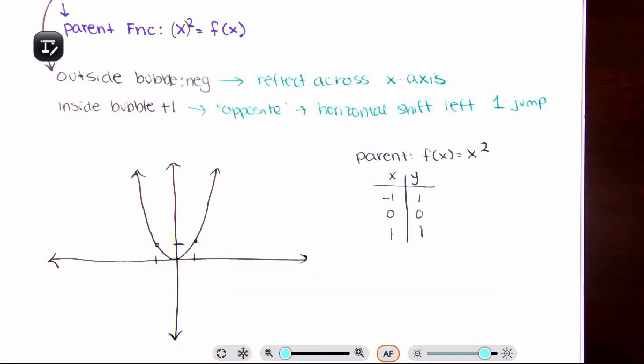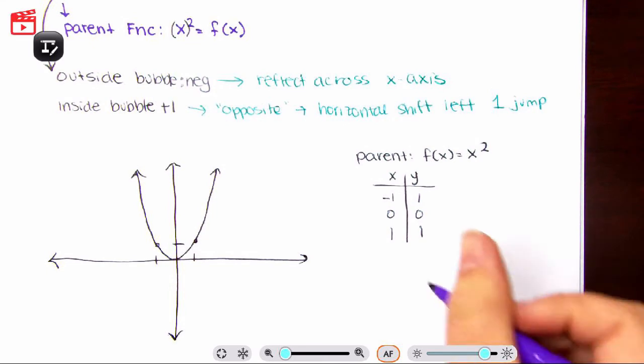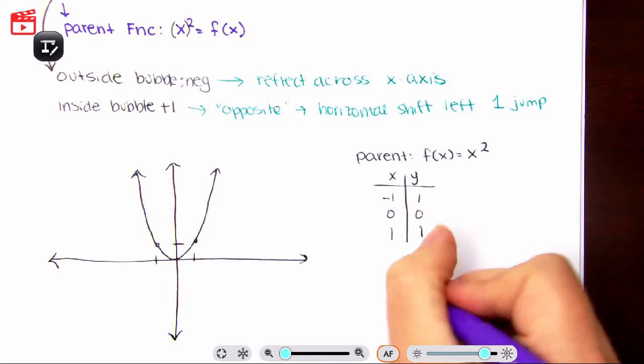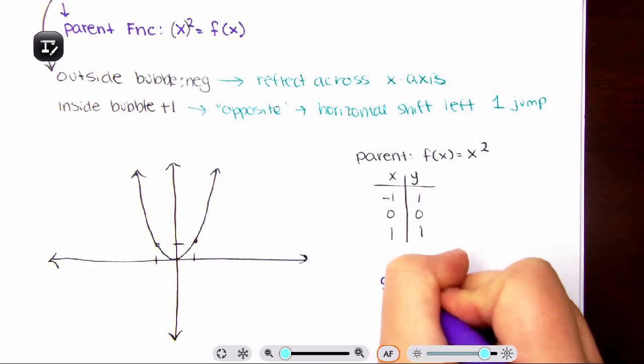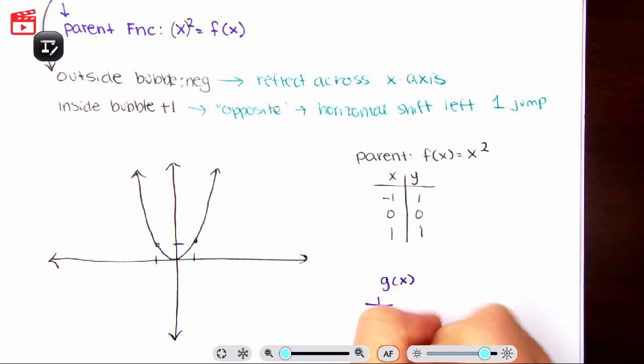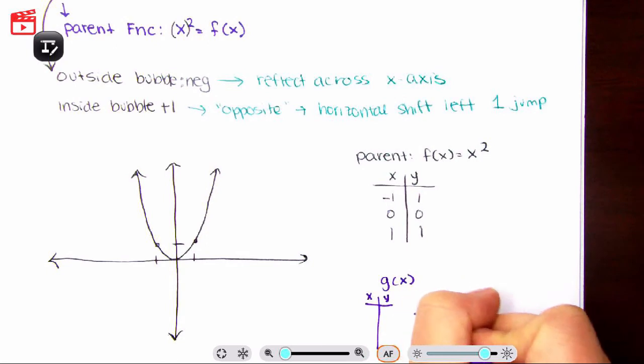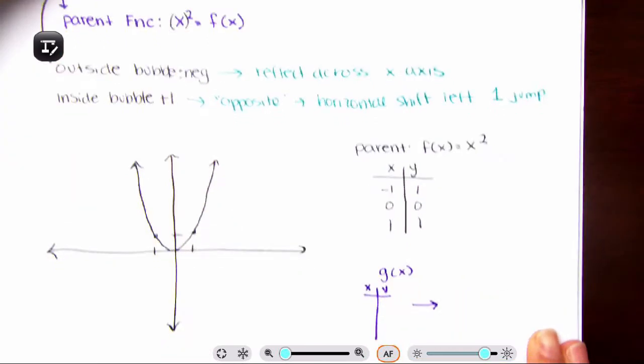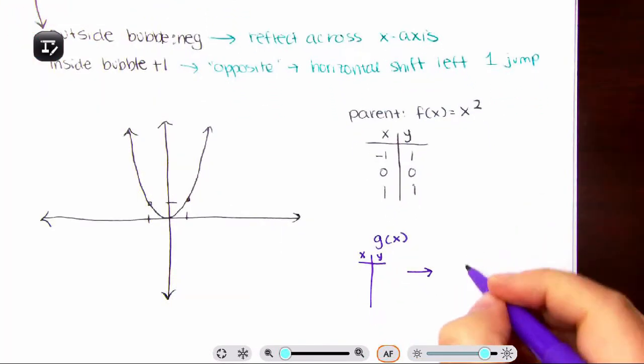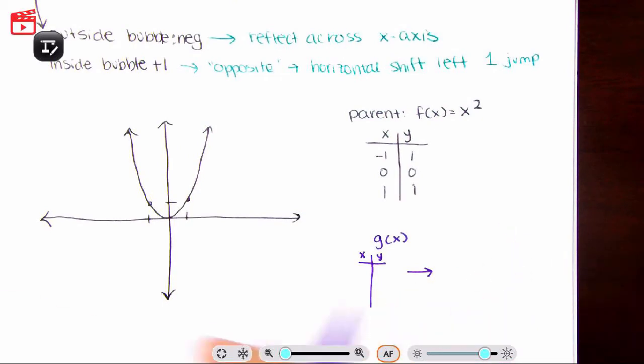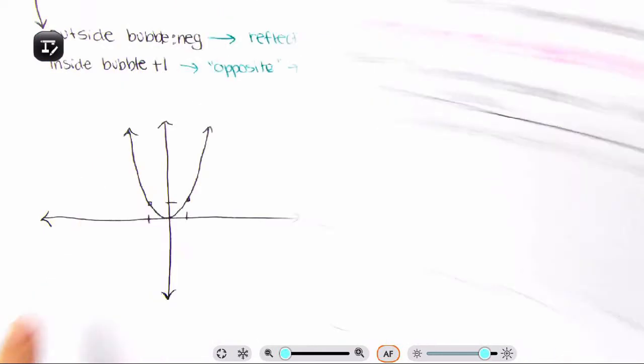Now we're going to do exactly the same thing, but for our transformed function. So for our transformed function, let's call it g of x. You can do this 2 different ways. So if you look at your transformation function cheat sheet, you're going to notice that things are happening. So I have one here. I am inside the bubble.